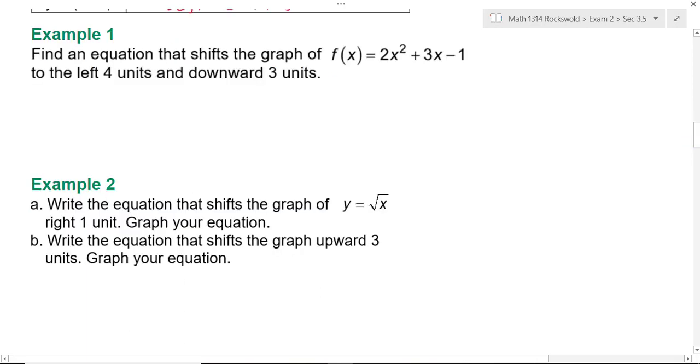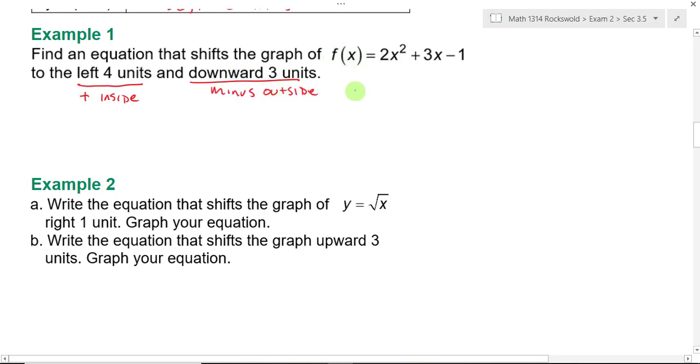So in example 1, we're asked to find an equation that shifts the graph of this function to the left 4 units and down 3 units. The left 4 units means that I'm going to have a plus or a minus inside or outside. It's going to be plus on the inside, and down 3 units is going to be minus on the outside.